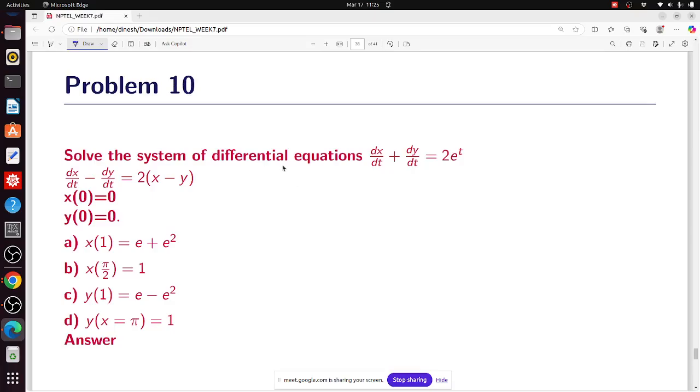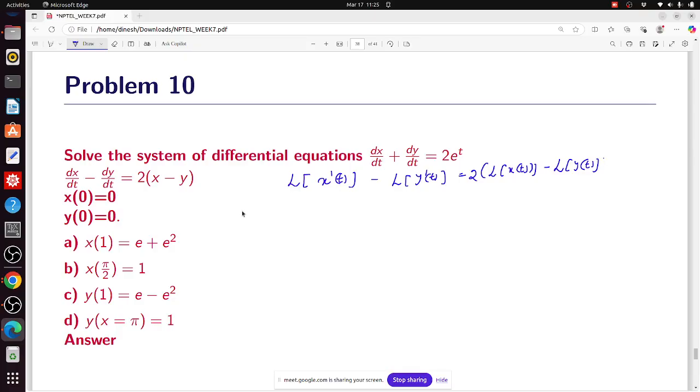So here, Laplace transform of x prime t minus Laplace transform of y prime t is equal to 2 into Laplace transform of x(t) minus Laplace transform of y(t).